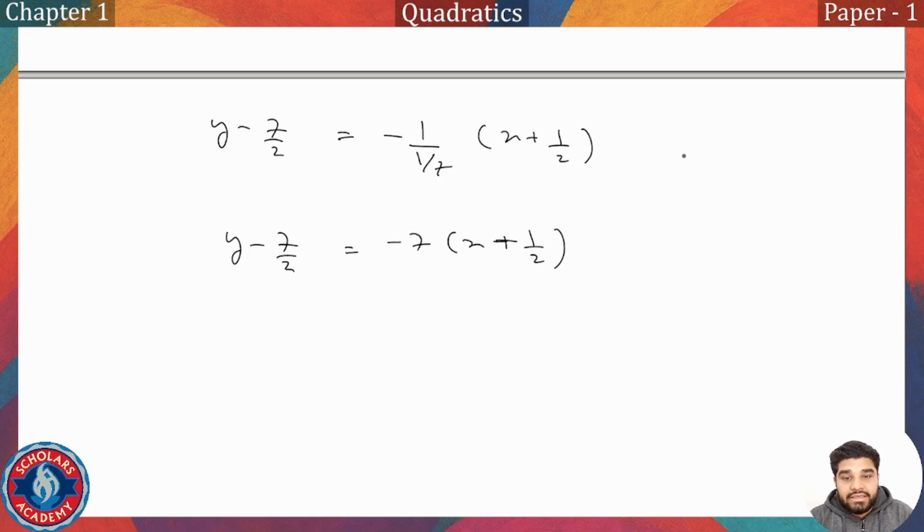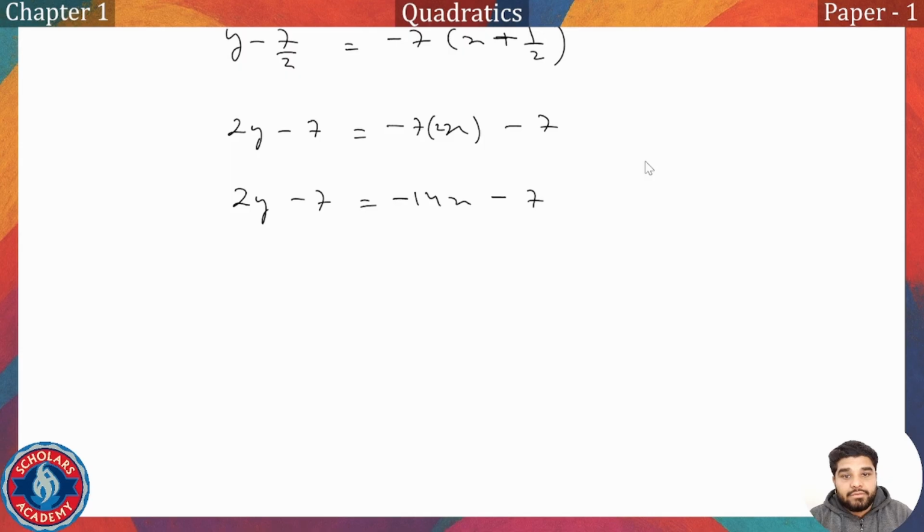So we'll multiply both the sides by 2. So for that we get 2y minus 7 is equal to minus 7 times 2x minus 7. So this gives us 2y minus 7 is equal to minus 14x minus 7. So we'll bring everything to one hand side.